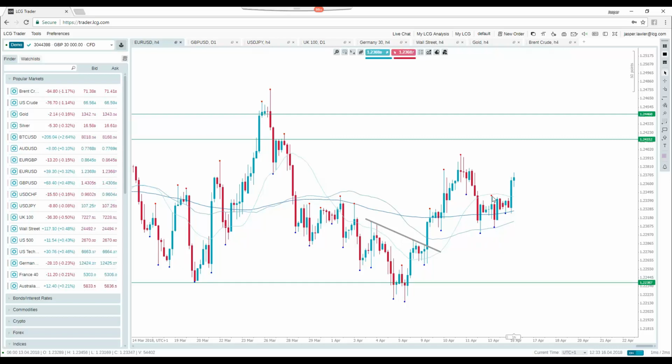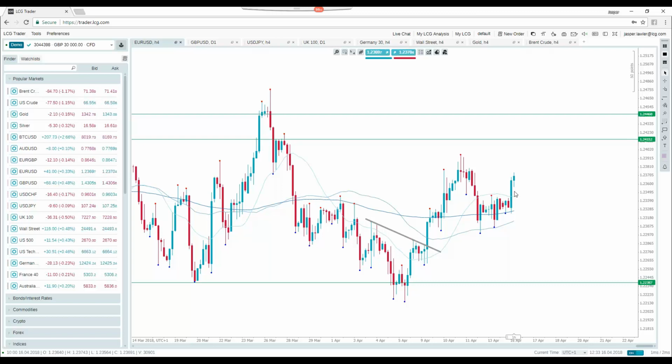And now, as of today, we've popped out to the topside here. It's a breakout after a fair few 4-hour candlesticks, but in the greater context of things, it's hard to read too much into it.